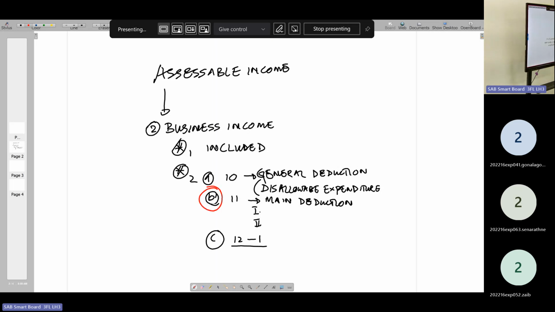If it is permitted, then the balance sections will be applicable, as well as where some part of an expenditure is not allowable to deduct.